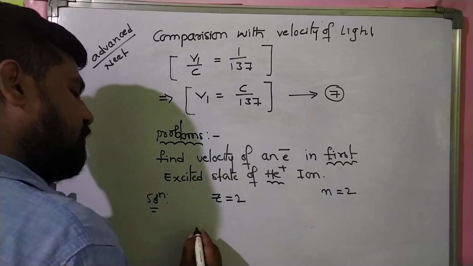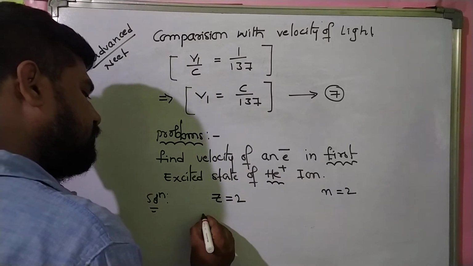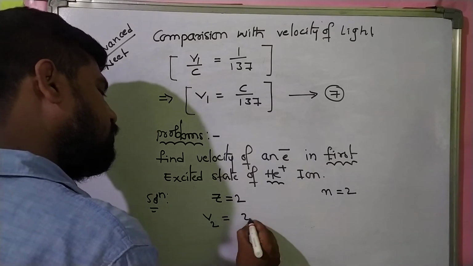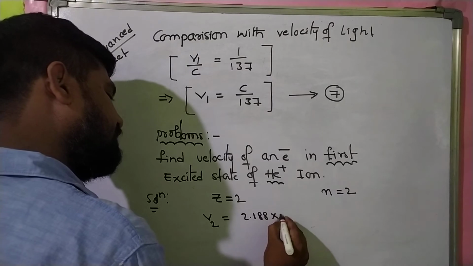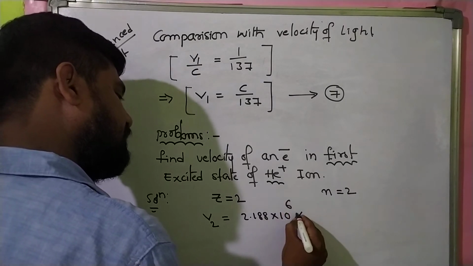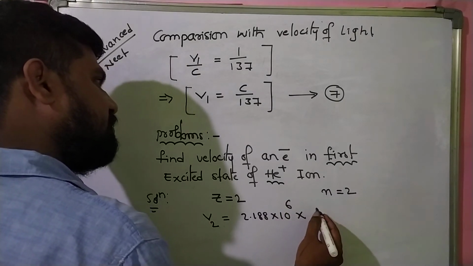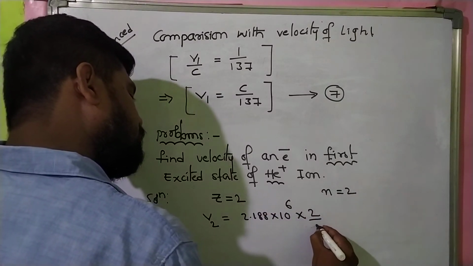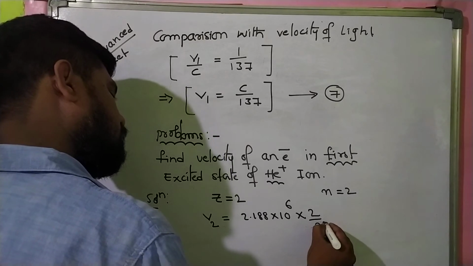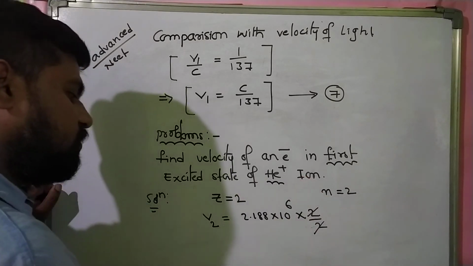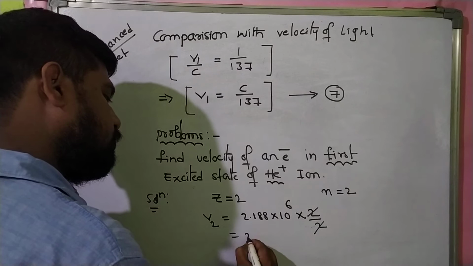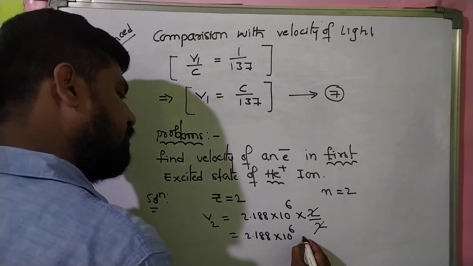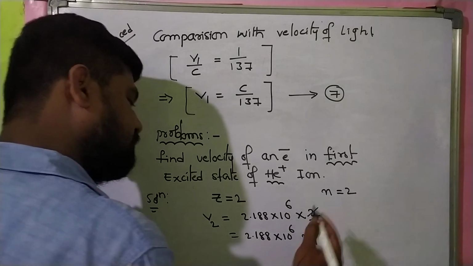Now apply the formula. Velocity in the second orbit, V2 equal to 2.188 into 10 to the power of 6, where Z equal to 2 and N equal to 2, so the 2s cancel. V2 equal to 2.188 into 10 to the power of 6 meter per second.